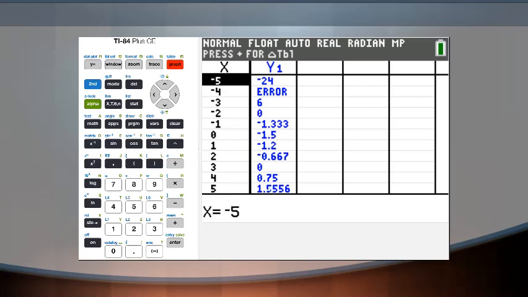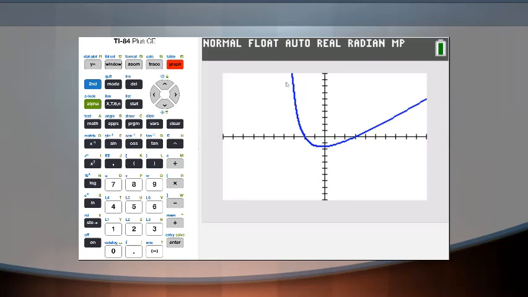And when x is 5, it moved back out to positive territory, where it's valued at roughly a half. I'm going to just go back to my graph again. And there I see what my table of values also show me as it moves out here towards infinity. Okay, well, not bad. We'll be looking at some more.